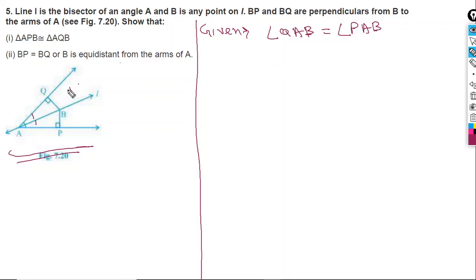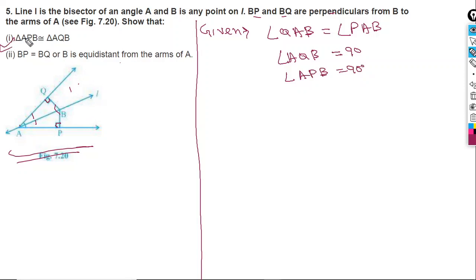Another given is that BP and BQ are perpendiculars from B, so these angles are 90 degrees. Angle AQB equals 90 degrees, and angle APB equals 90 degrees. Two angles are 90 degrees. This is given to us.